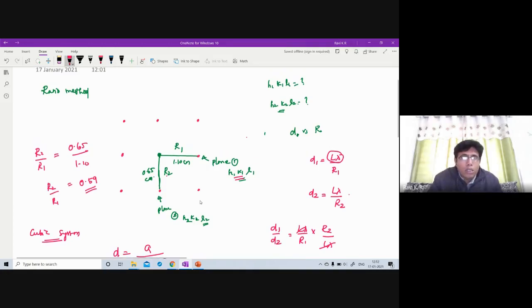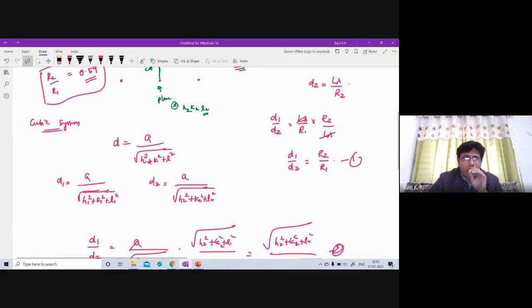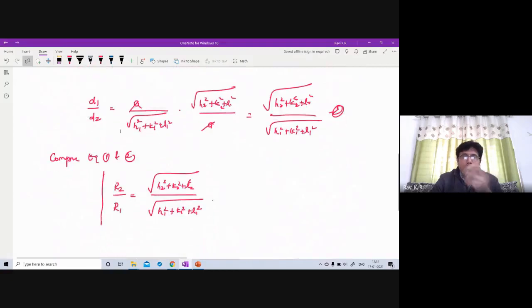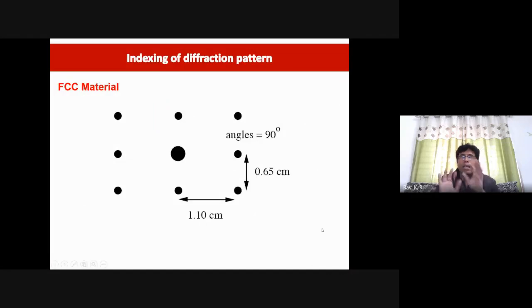Okay. So now, what we are getting is R2 by R1. So what you have to do is now, if you know all allowed system, let's say now this particular material, what we are discussing is given as FCC.